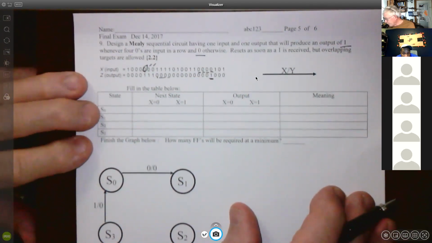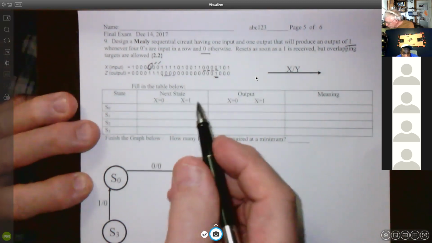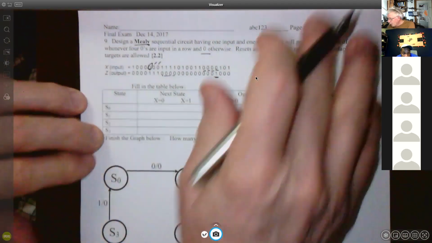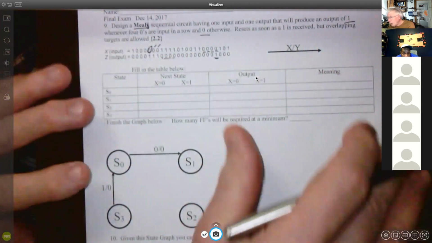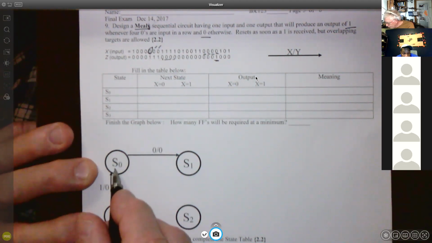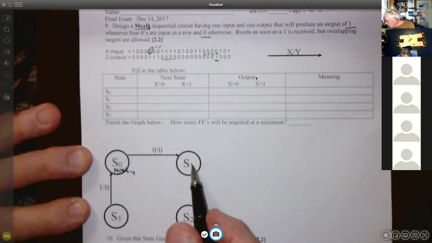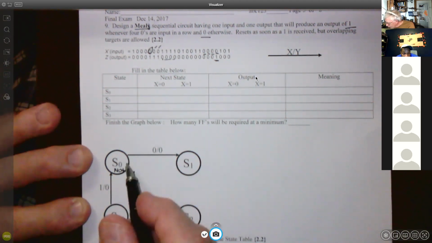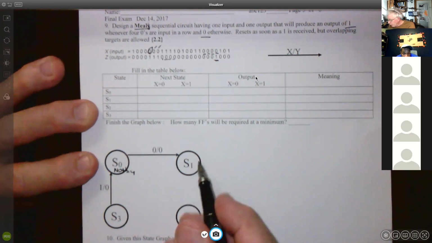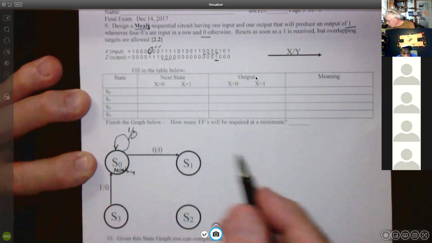Okay. So we'll start in S0 and we're going to use a Mealy machine. In S0 we have nothing. We get a 0 and we go to S1. If we get a 1, then we just stay here, we still have nothing, and we output a Z of 0.